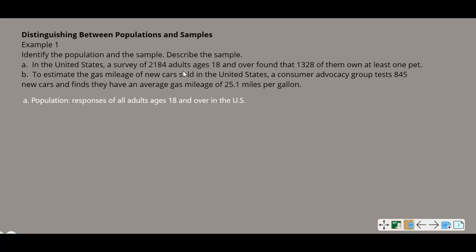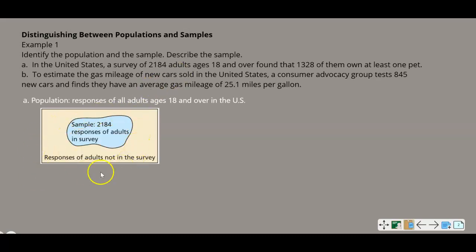All right, and we can represent this in a diagram. And the diagram kind of shows the whole population with the subset of the sample taken. All right, so here's the image from your textbook. So the whole population, all the adults not in the survey, would be outside the sample.